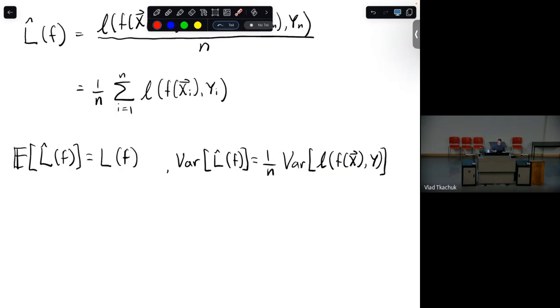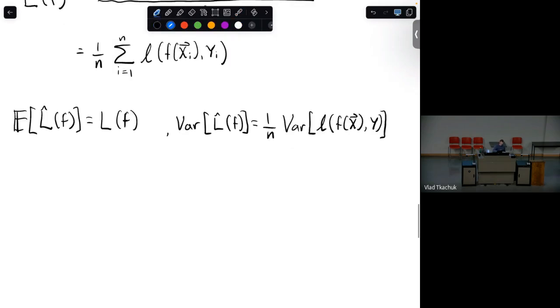What does this tell us? This tells us that for a predictor f, and this is going to be important, we fixed the predictor f. We said we have some function f, and we take the function based on x, and then we apply the loss.